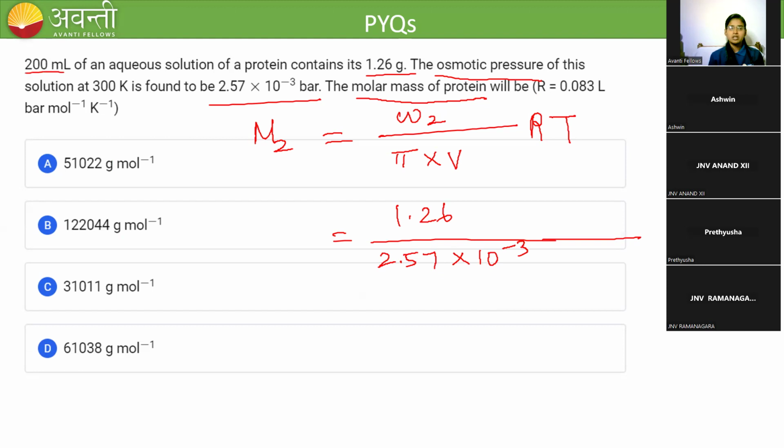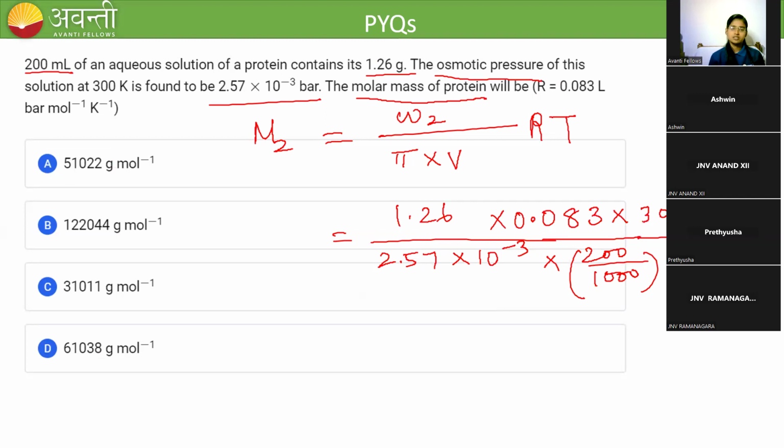Volume is given as 200 milliliter, but we have to give it in liters, so put 200 divided by 1000. And we have R in the numerator, and the R value is 0.083 and the temperature is 300 Kelvin.